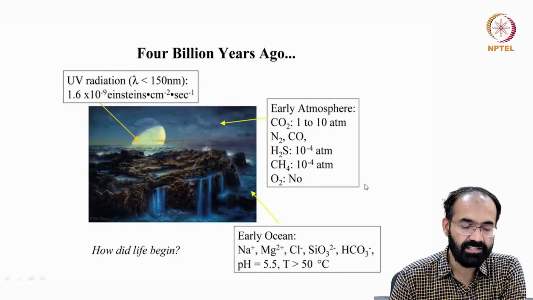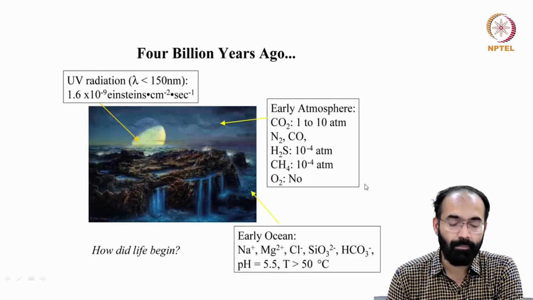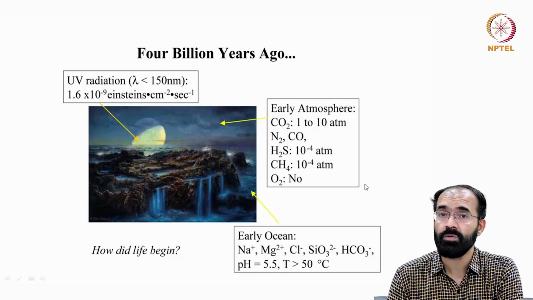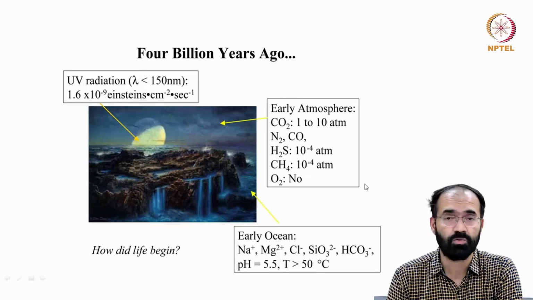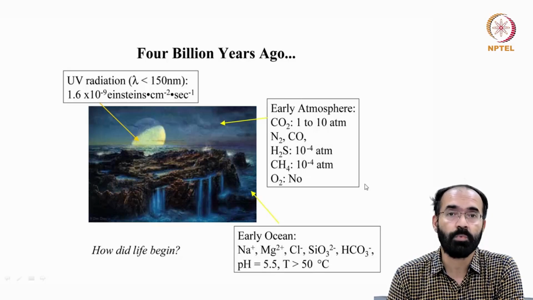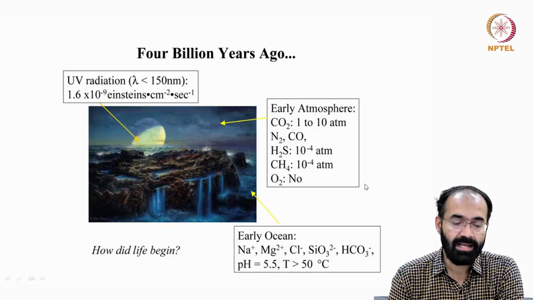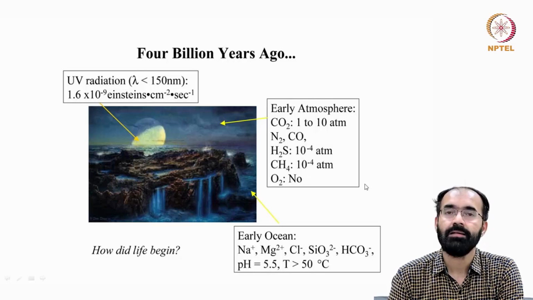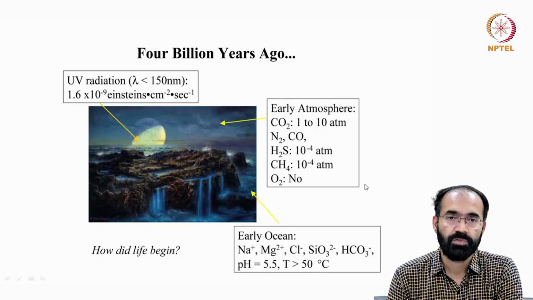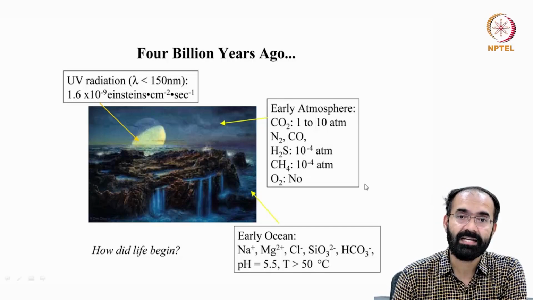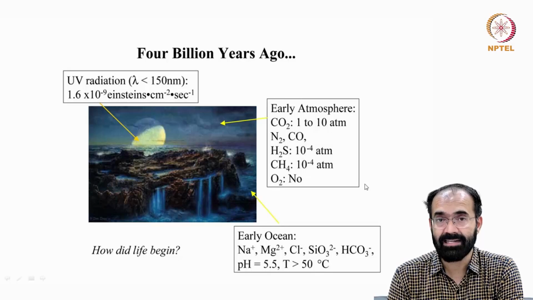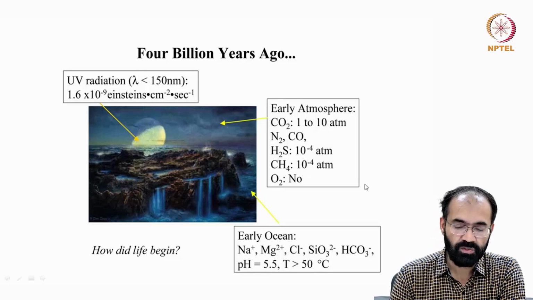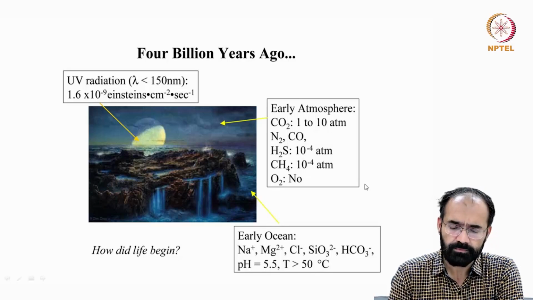Now 4 billion years ago, what are we seeing? We had abundant UV radiation. Remember, we don't have too much oxygen and hence not too much ozone, and hence there is no protection from UV radiation. The atmosphere was quite porous for UV radiation, and plenty of UV radiation was abundantly available, which acted like a physical source of energy in the early atmosphere.